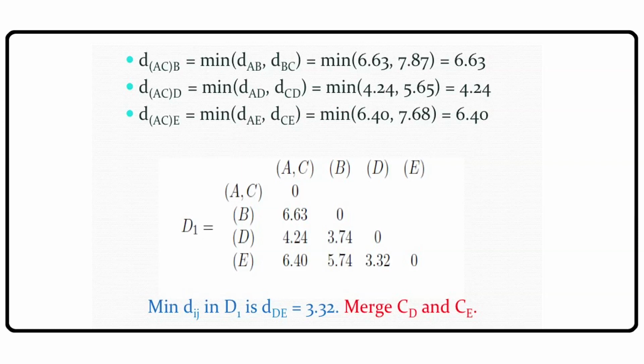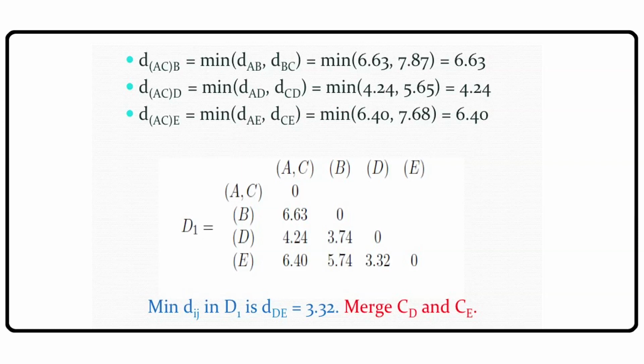We already know the distance between B, D and E, so we don't need to redo that. But to look at the distance between the cluster AC and B, we find the minimum of DAB and DBC, which comes out to be 6.63. Similarly for the other two, and this leads us to the second distance matrix, D1.